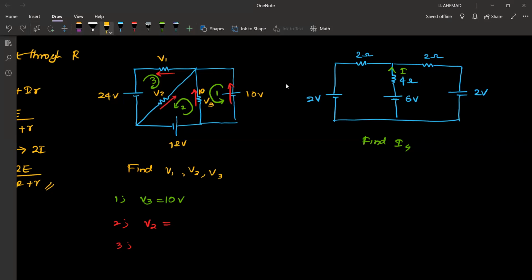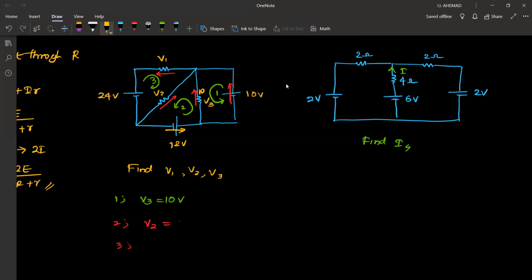What is V2? Here you have a potential increase. Here also you have a potential increase. Here only you have potential drop. Therefore, 12 plus 10, 22.